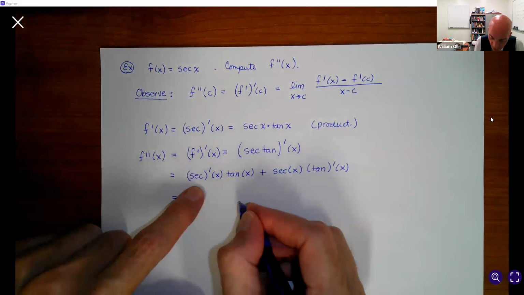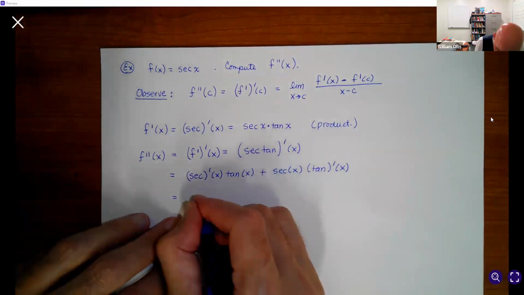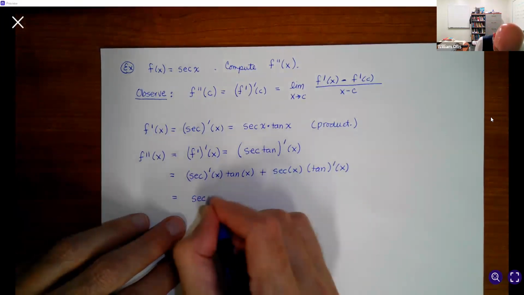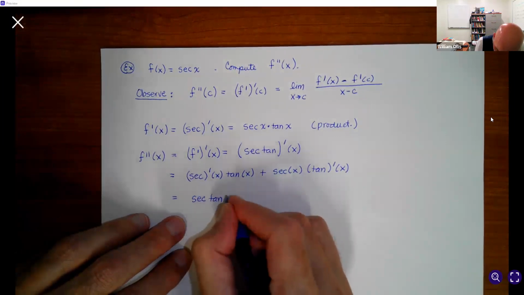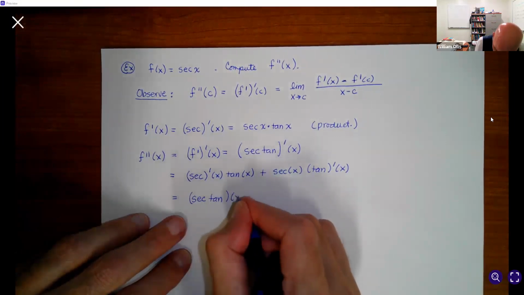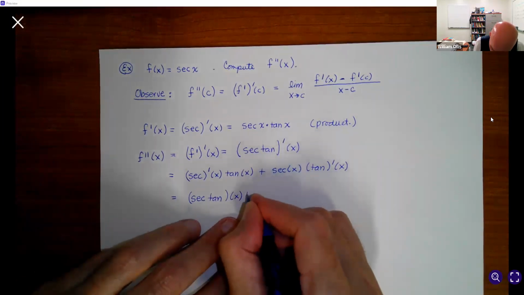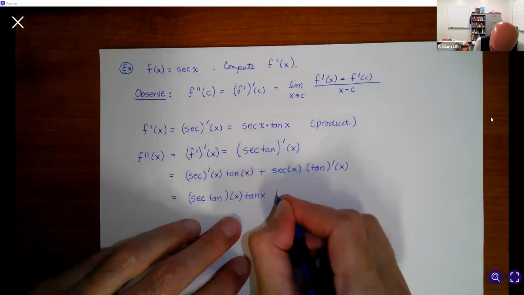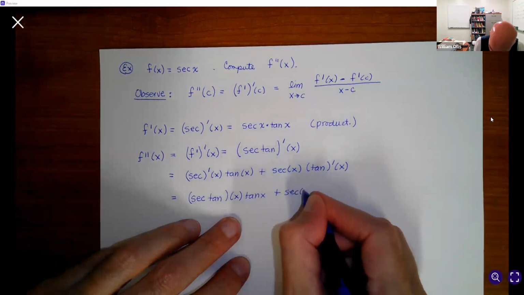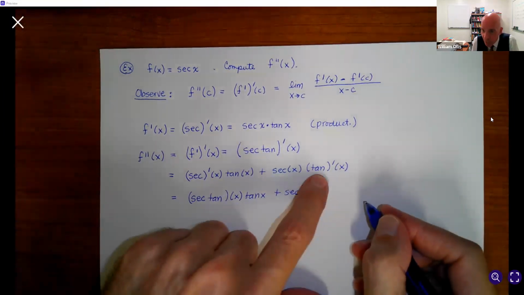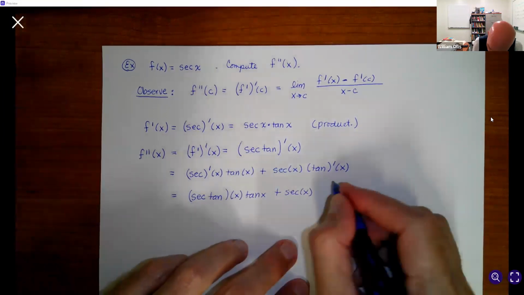So now the derivative of secant is secant tangent. So we have secant tangent evaluated at x, of course, writing that formally, times tangent x plus secant x, and the derivative of tangent x we just showed is secant squared.